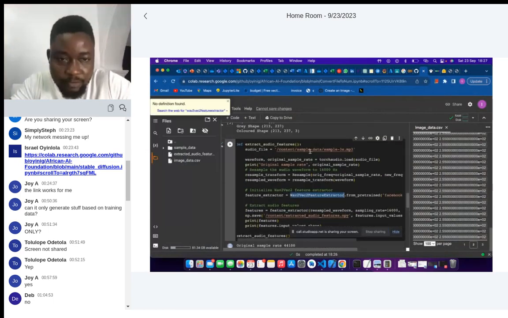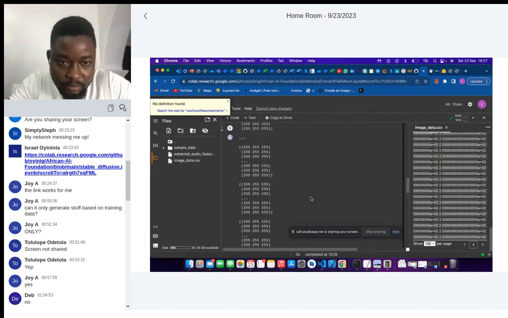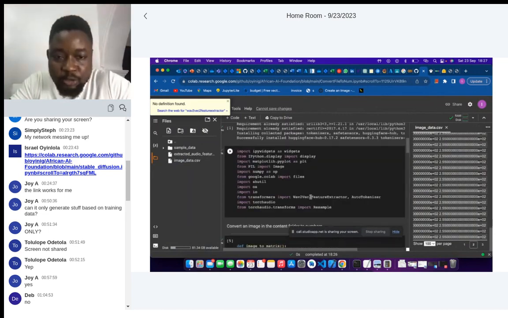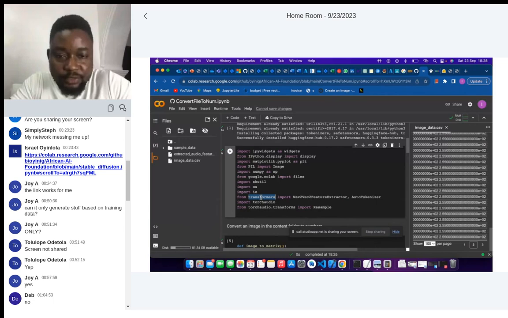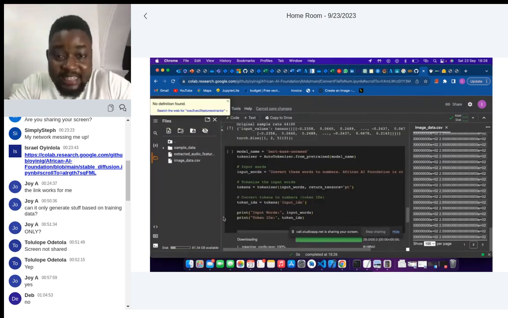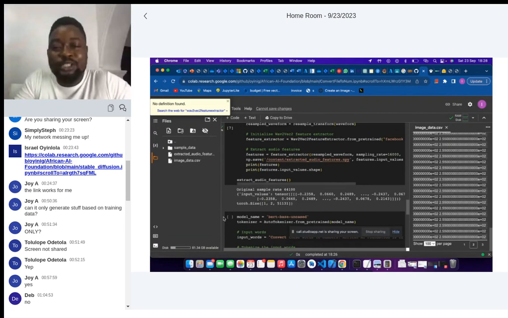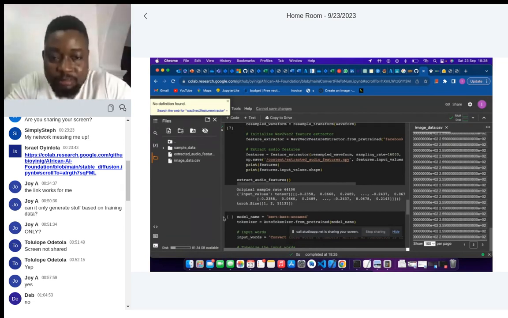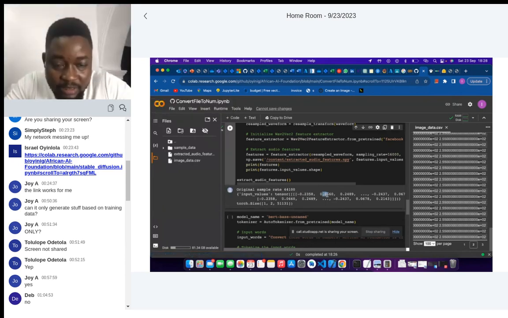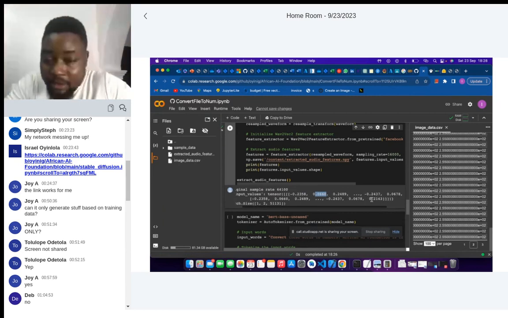Essentially, what this does, we are taking this from a module from Transformers. We loaded the Wav2Vec feature extractor. Essentially, the bottom line of what I'm trying to say is that we still converted the audio to numbers. This is the number for the audio, -2, whatever, and then it's a bunch of numbers.